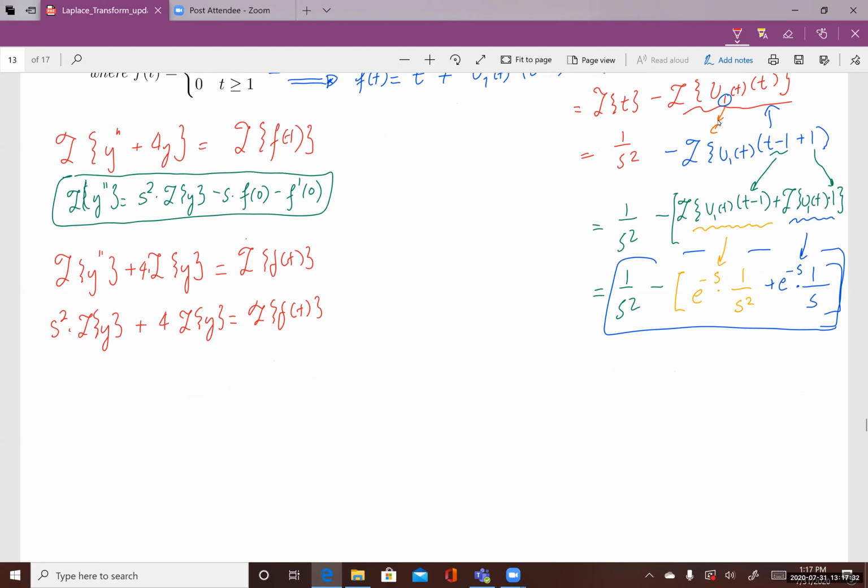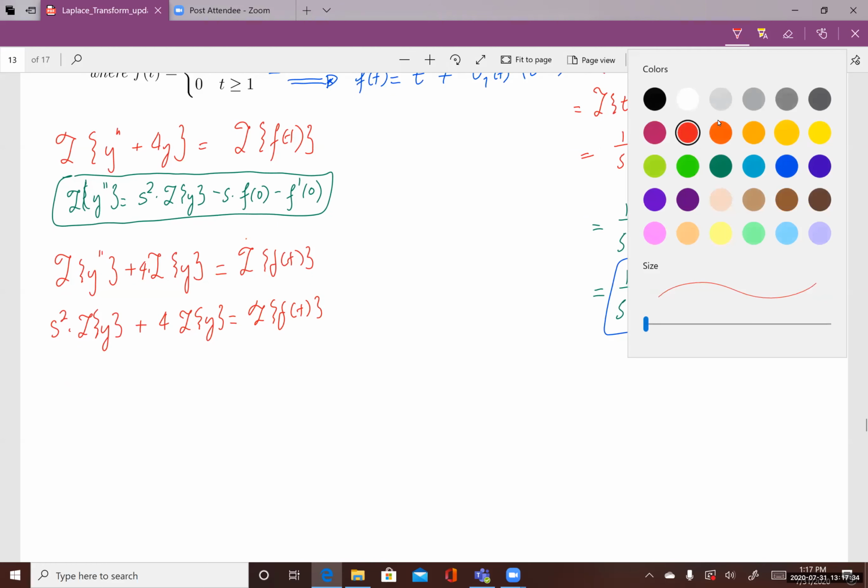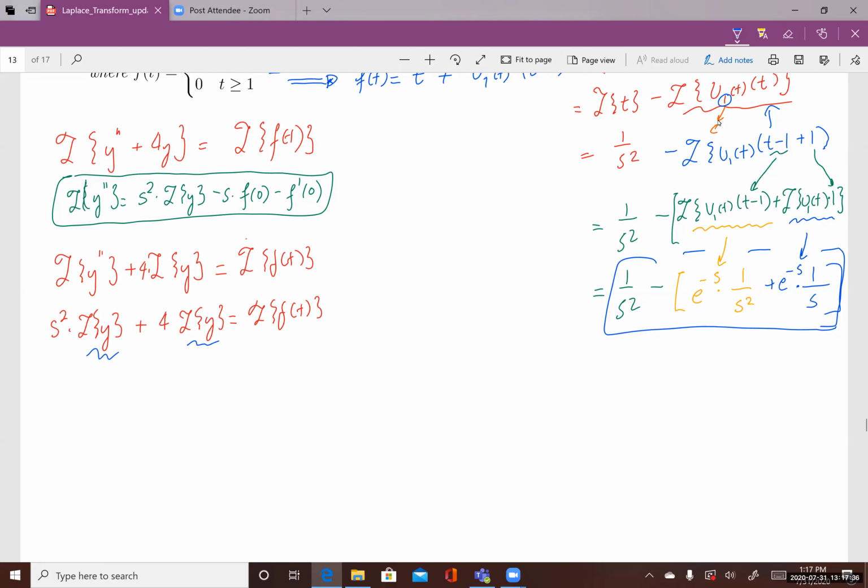Okay, at this point you always want to group the Laplace transform together, because the goal is to find it. So s squared plus 4 equals, now I can replace the Laplace transform of f of t with 1 over s squared minus e to the negative s times 1 over s squared plus 1 over s.